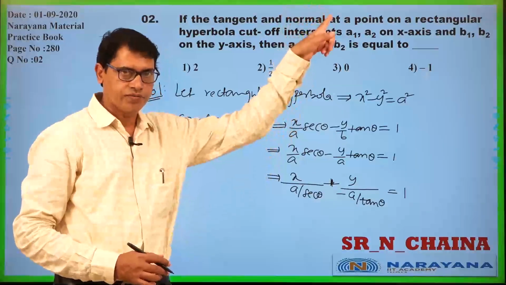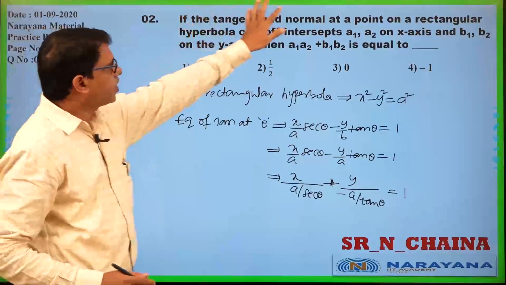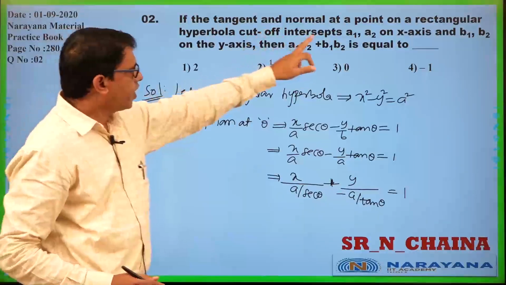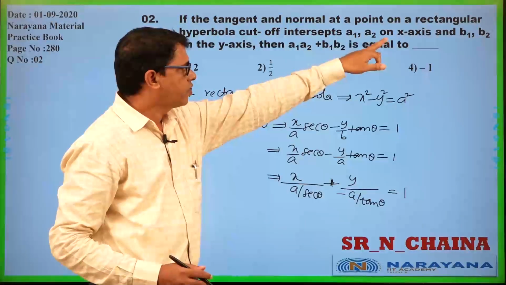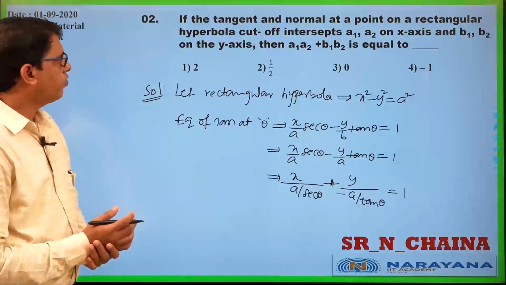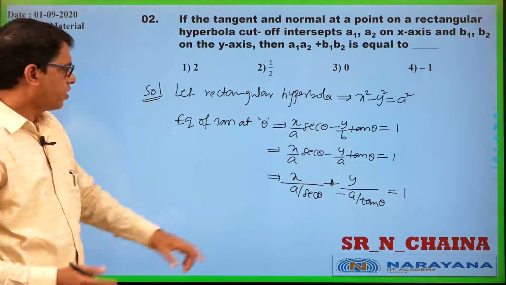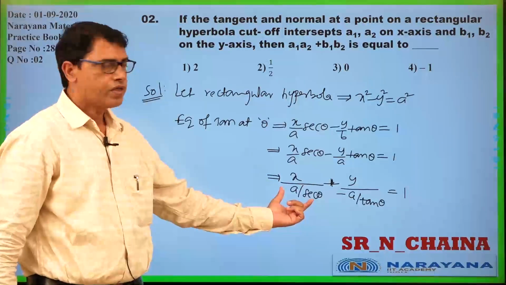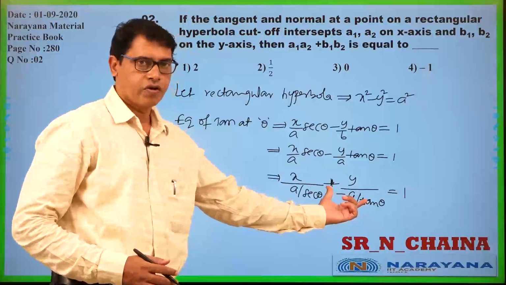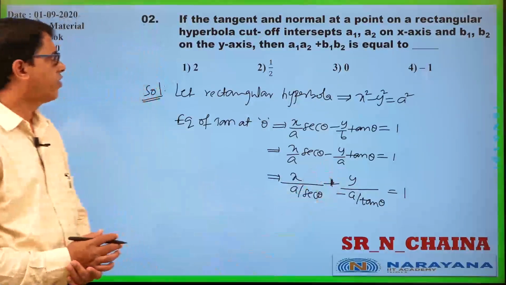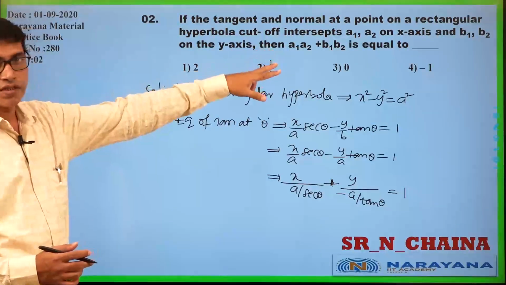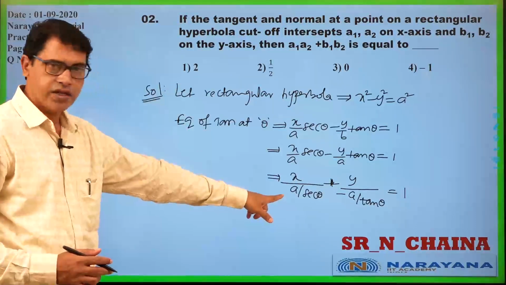Now again back to the question. Tangent and normal cut off intercepts a1 a2 on x axis and b1 b2 on y axis.